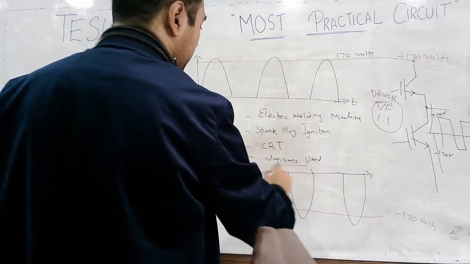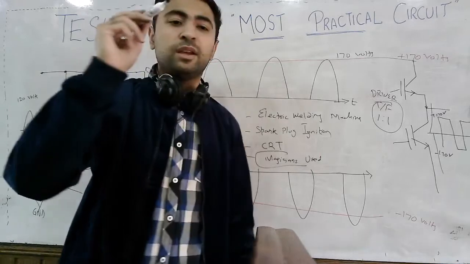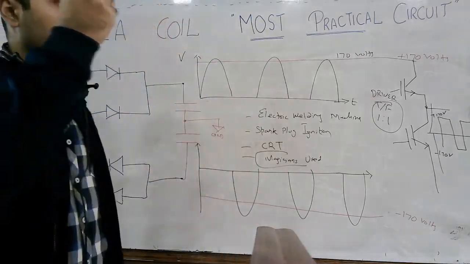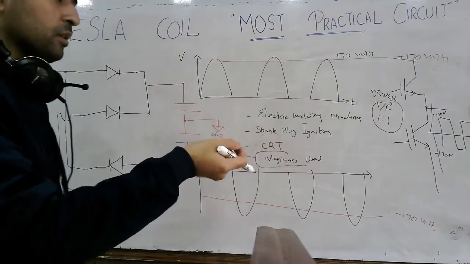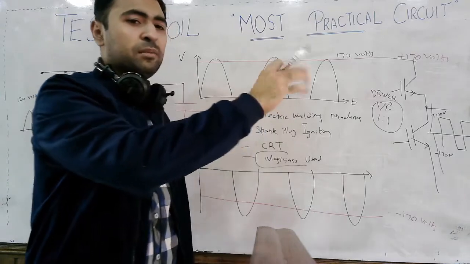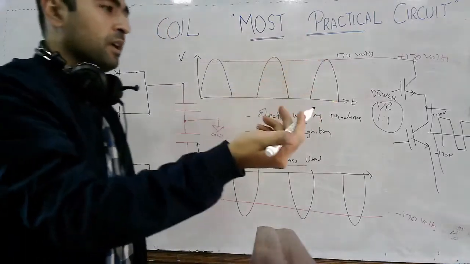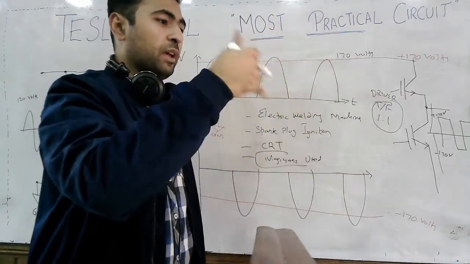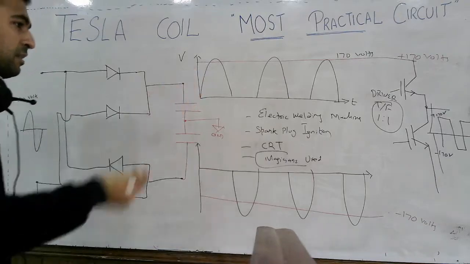The output voltage is in the kilovolts. What they do is place a light bulb near the Tesla coil, and they show you that this light bulb glows without actual connection, because here you have a high amount of wireless power transfer.